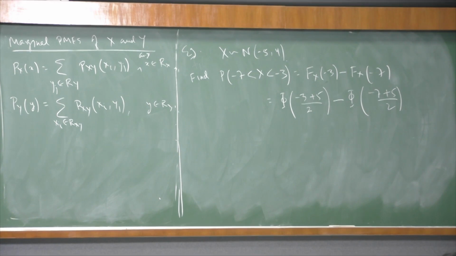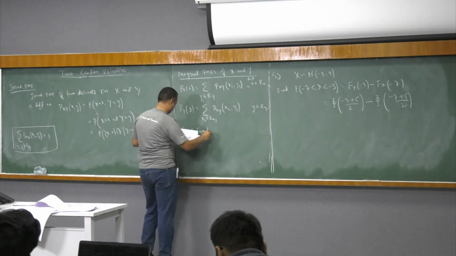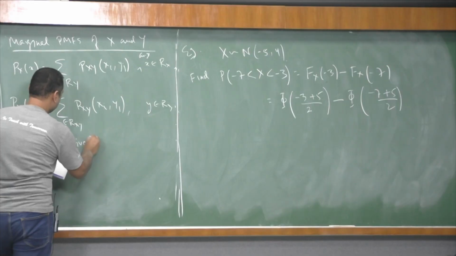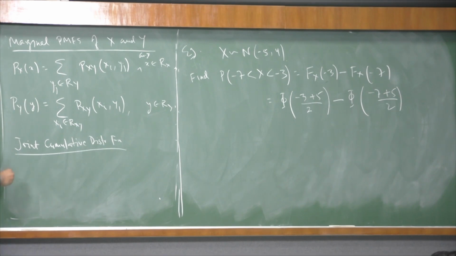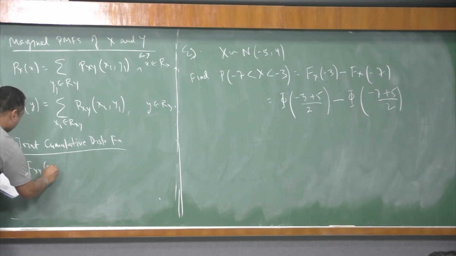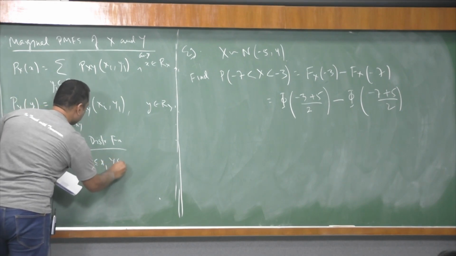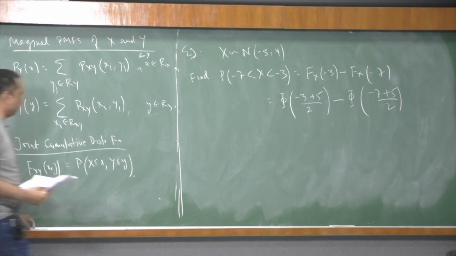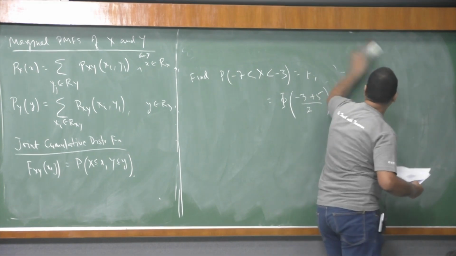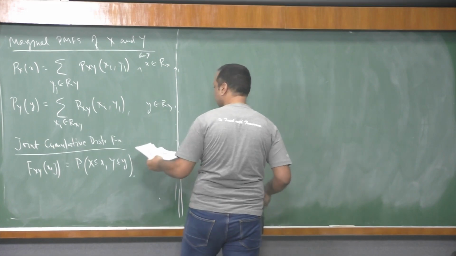Then similarly, we can define something called the joint cumulative distribution function. This is defined as F_XY(x, y), and this is the probability that X is less than or equal to x, and Y is less than or equal to y. And if I have a joint, then I can also get the marginal CDF. Again I send one of them to infinity.